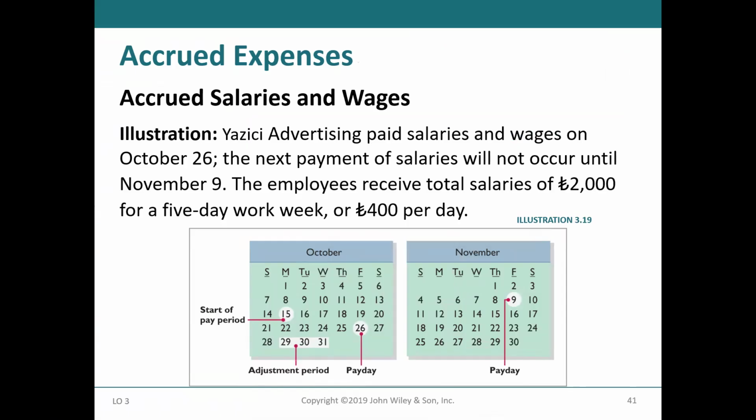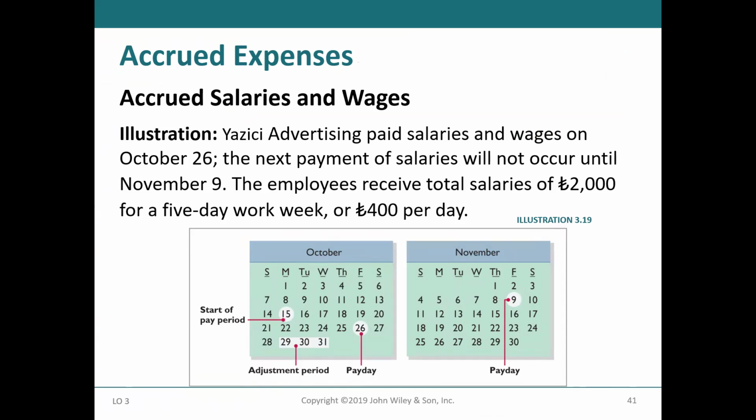Yazici Advertising paid salary and wages expense on October 26. The next payment of salary will not occur until November 9. The employees received the total salary of $2,000 for a 5-day work week, or $400 per day.